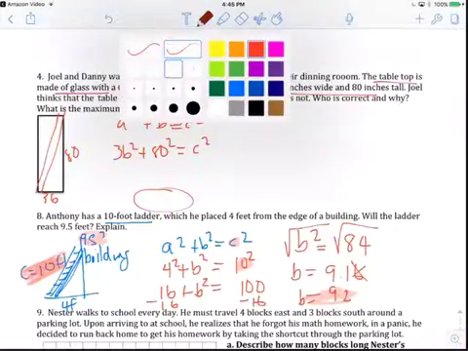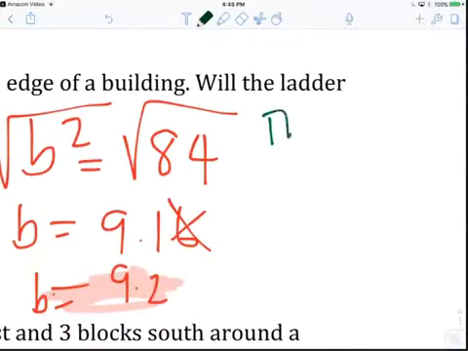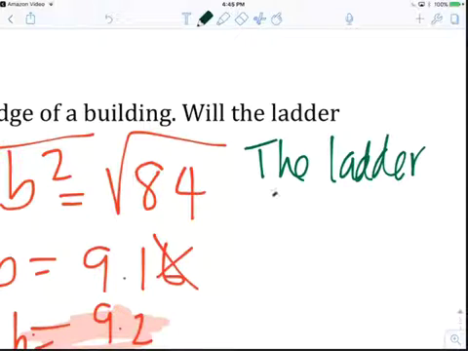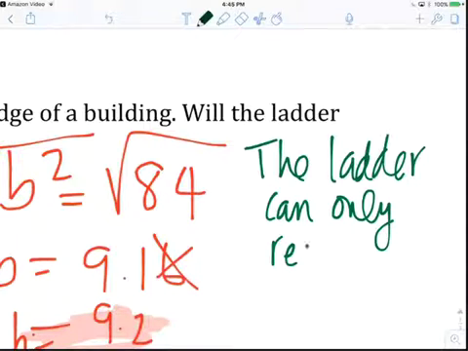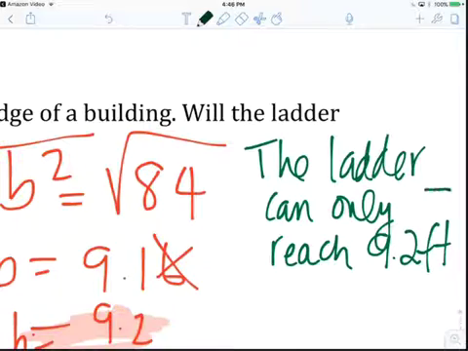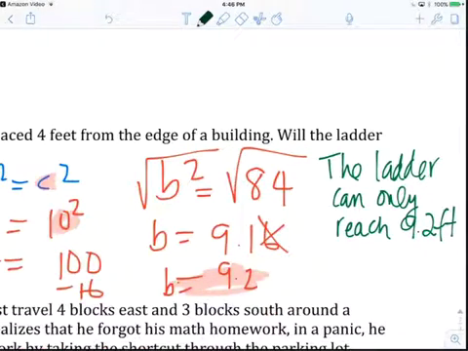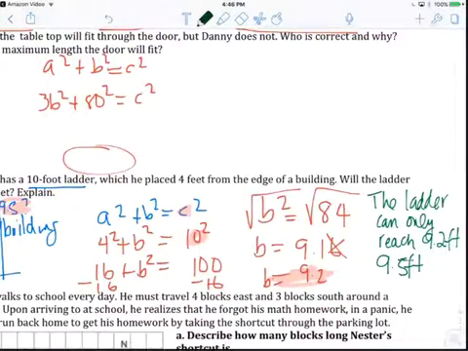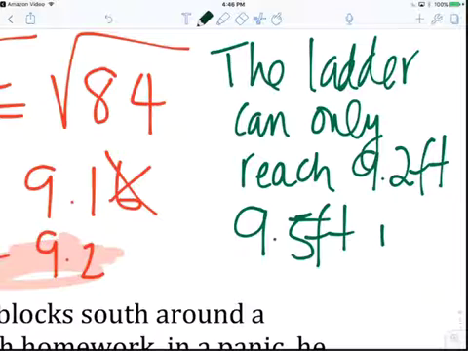Okay. The ladder can only reach 9.2 feet. 9.5 feet is too high.